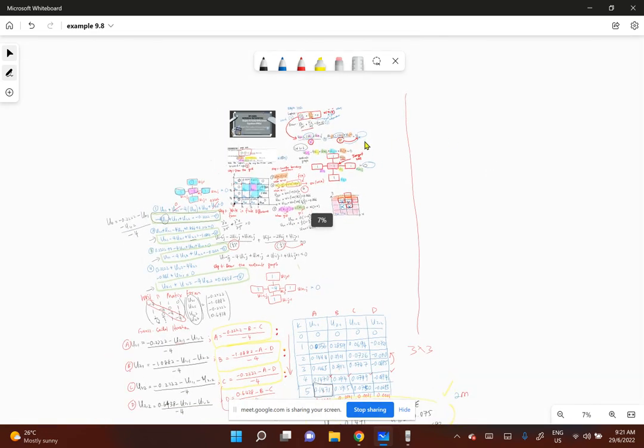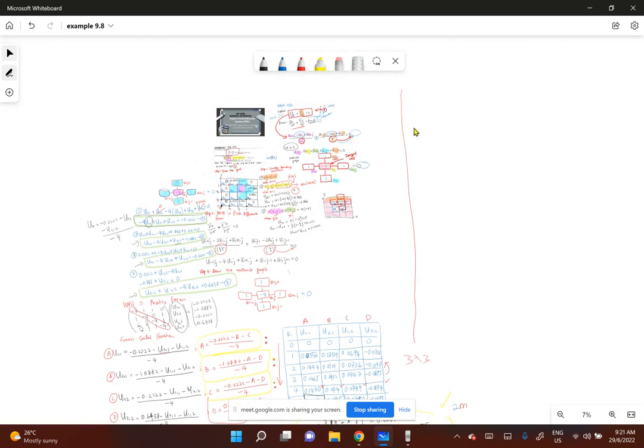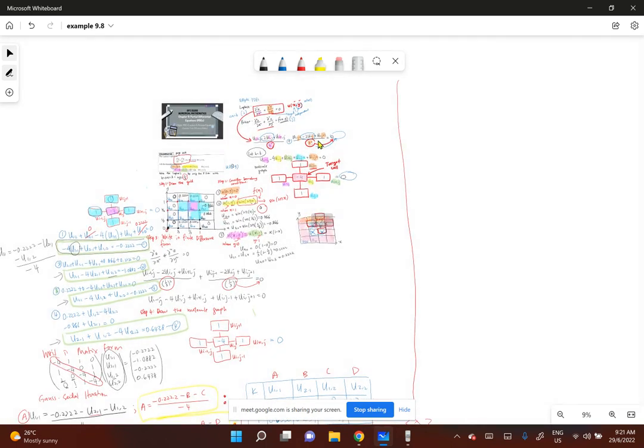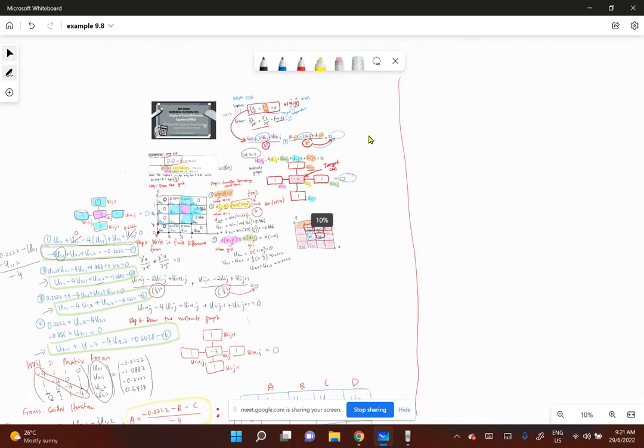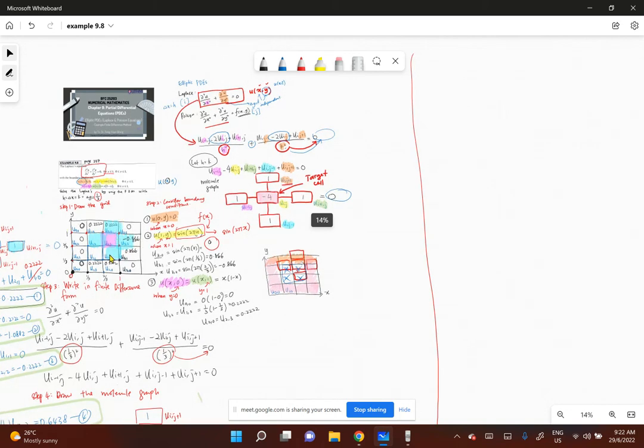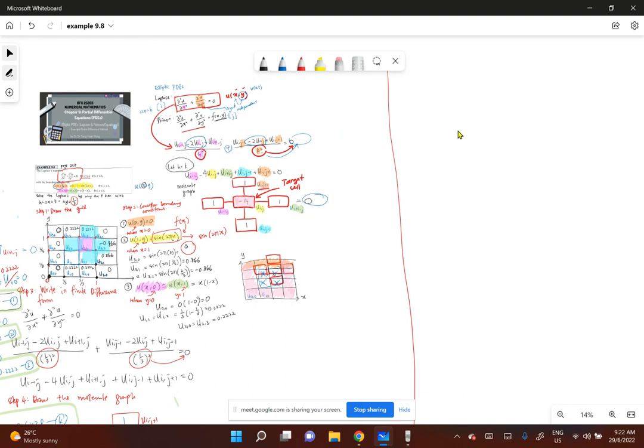When we want to change to the finite difference form, the right hand side is not equal to 0, but the left hand side is still the same. So step 1 is the same: we have to draw the grid and name all the grid points. Step 2, consider all the boundary conditions. And then step 3 is write in the finite difference form. So start from this one. Here, because we have a value, it is no longer zero.